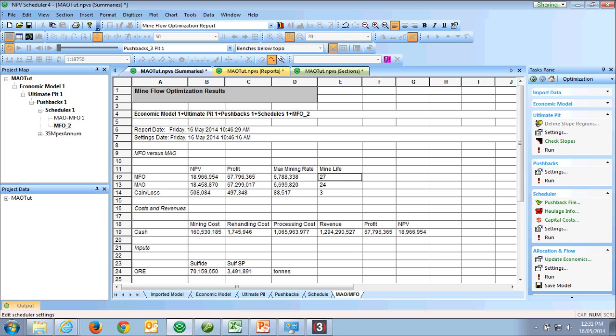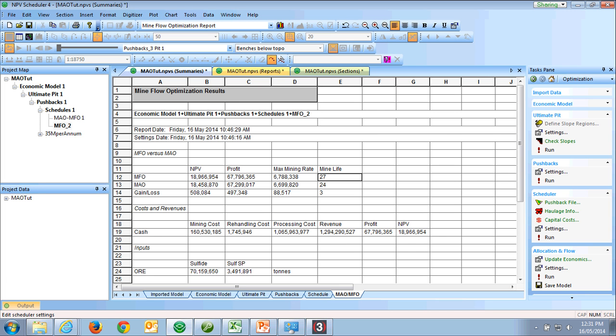So if you have 3 rock types in a 20 by 20 by 10 block, that block in the economic model will retain those 3 rock types. The grades will be blended within those rock types, but the rock types stay separate within that parcel.